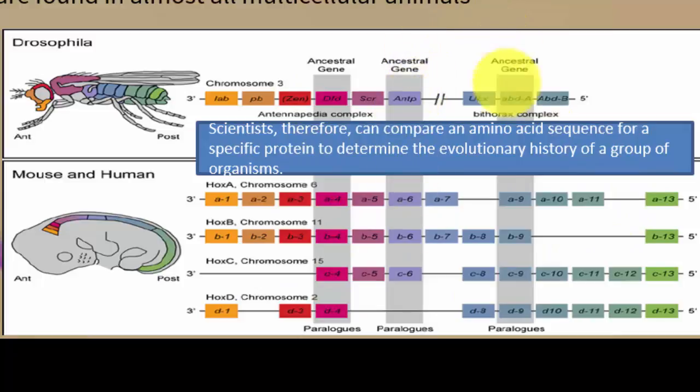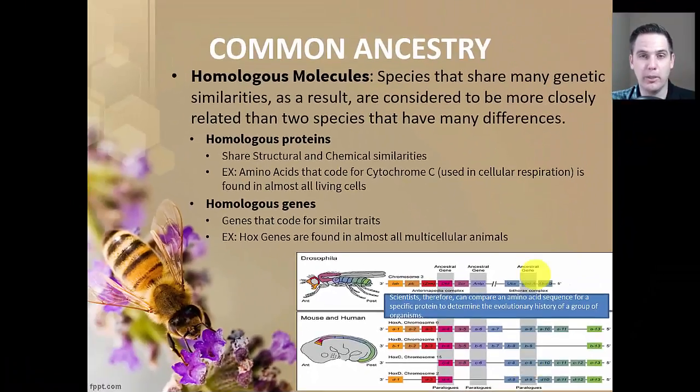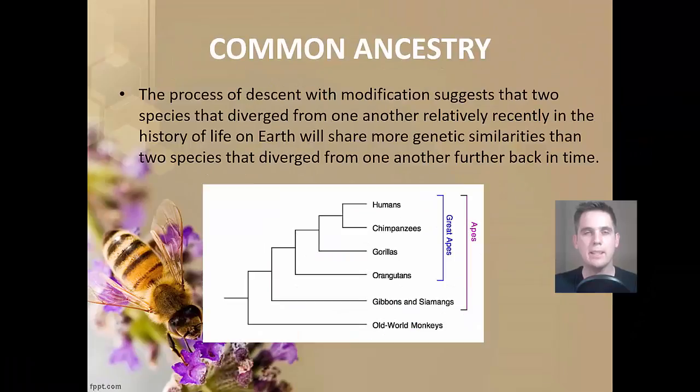But they did find some similarities, and the only way they could do that was by comparing their genes, their amino acids, their genetic code, which is something you're going to be doing in class. So the last thing I want you to know about common ancestry has to do with what you're about to do in class. This is going to teach you how to read a diagram like the one you see on screen.